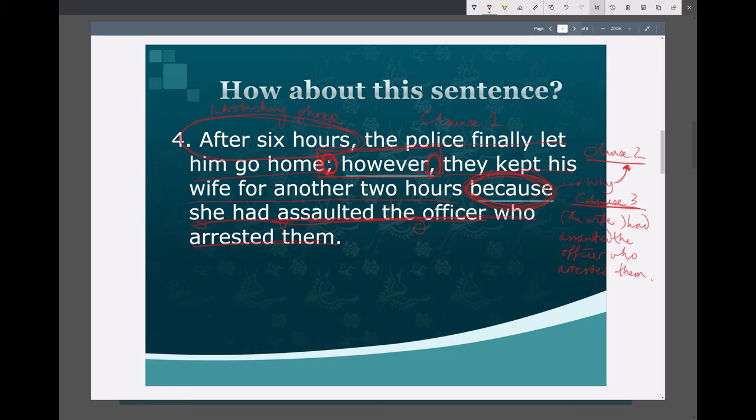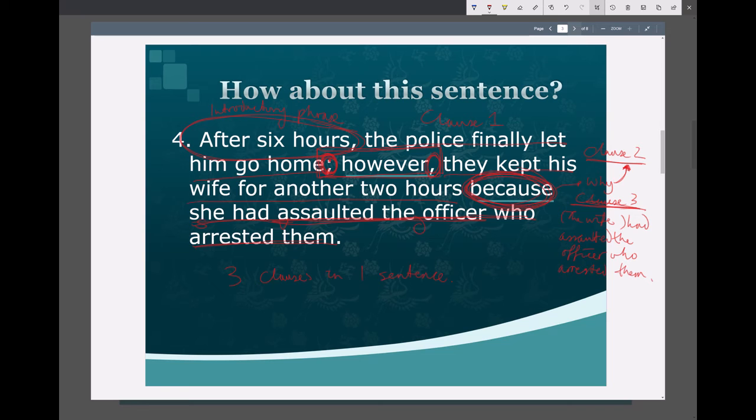So here you have actually 3 clauses in one sentence. And we actually have names for these types of sentences. And so what we're going to do next is we're going to look at the different types of sentences.